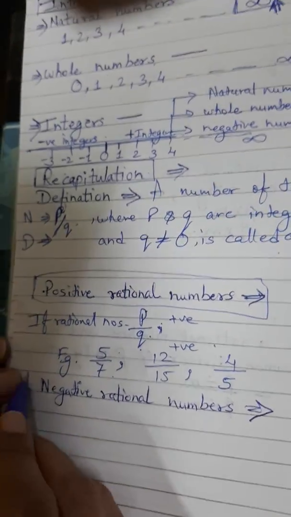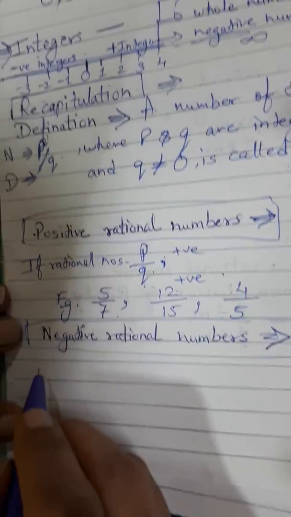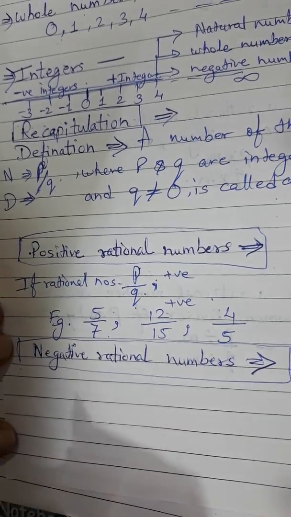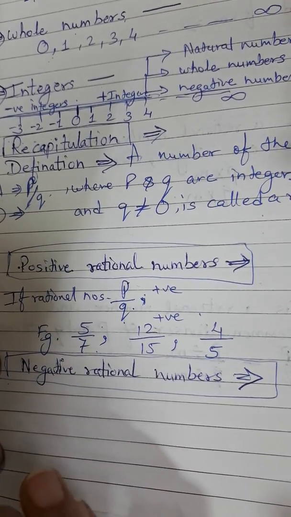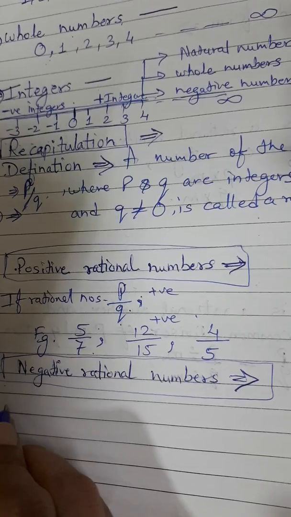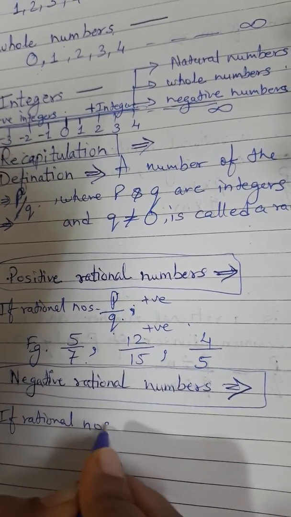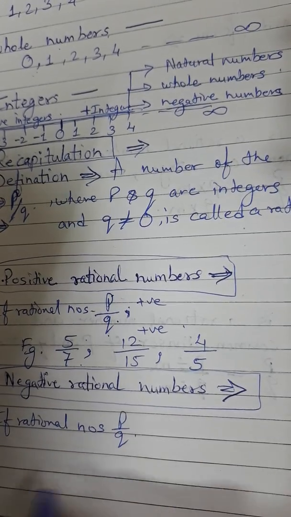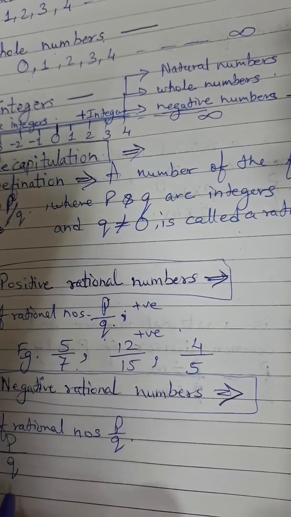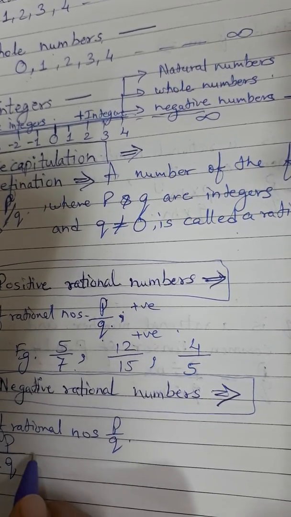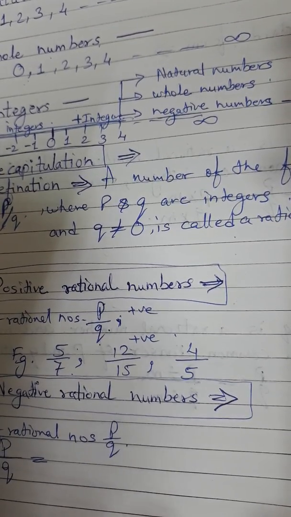Now the negative rational number. If the rational number p upon q has a positive numerator and a negative denominator, then the rational number is a negative rational number.